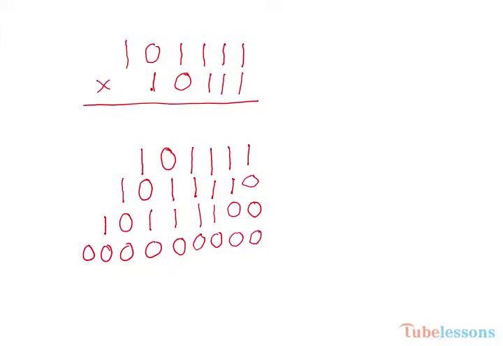So for the 16th place leave 4 zeros here, 1 2 3 4. 1 times 1 equals 1, again 1 times 1 equals 1, again 1 times 1 equals 1, 1 times 1 equals 1, 1 times 0 equals 0, 1 times 1 equals 1.